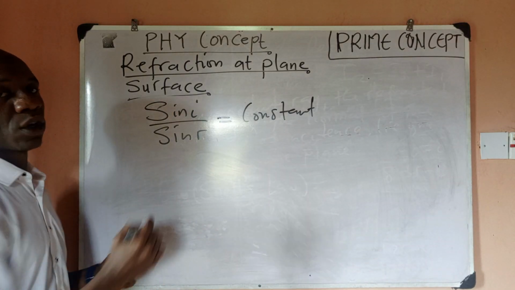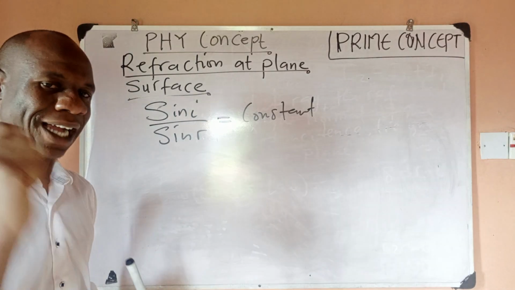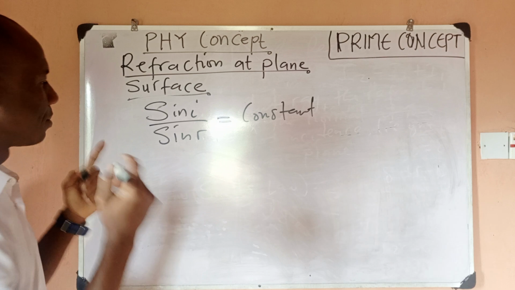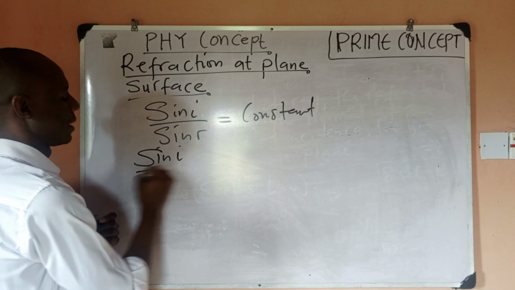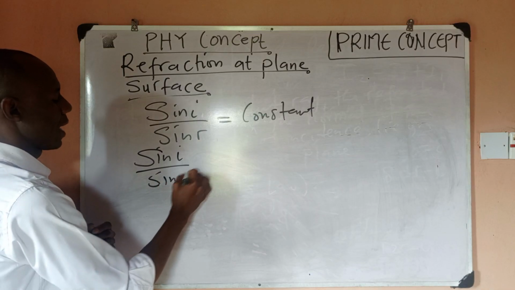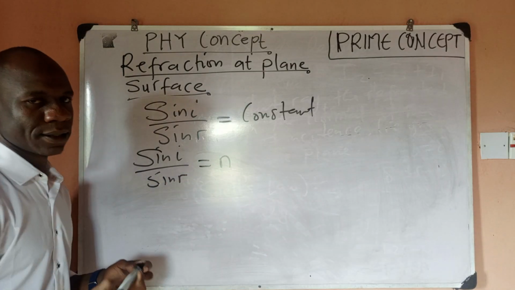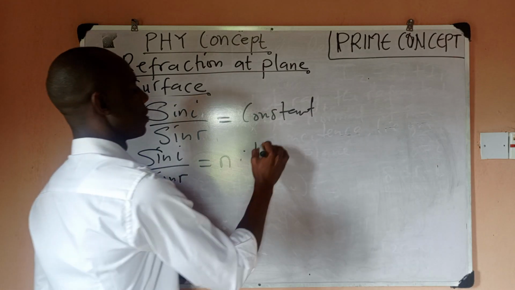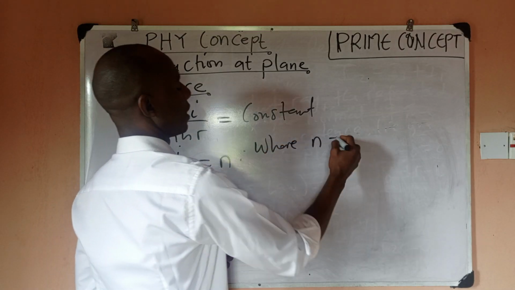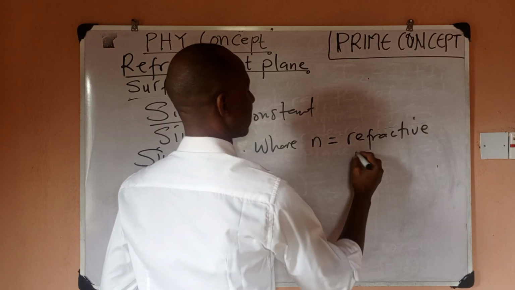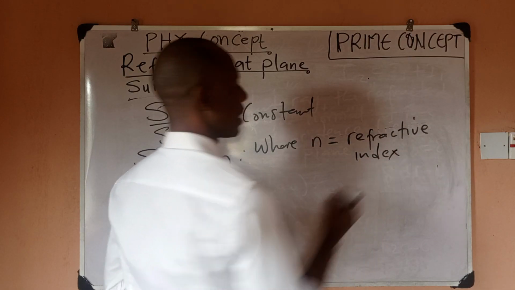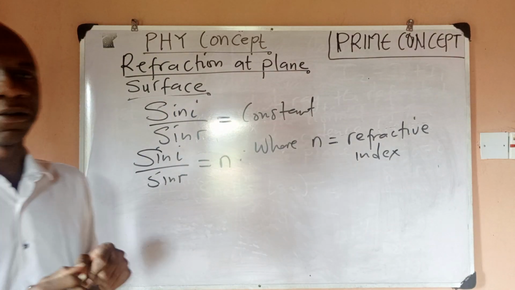And that constant is what we know as what? Refractive index. So what it means is that we can say that sine I over sine R is equal to n. So what is n? Where n is known as refractive index. N is called refractive index.